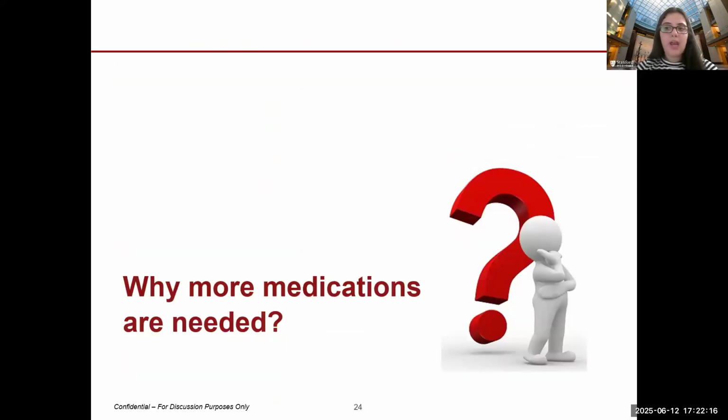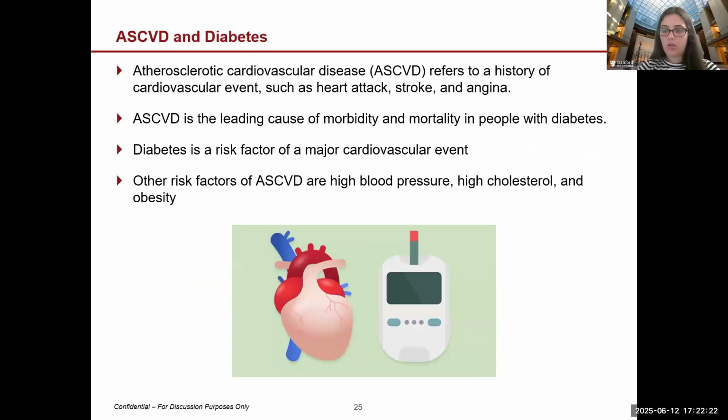So, you may ask why more medications are needed other than those that we choose to lower blood sugar. Diabetes is not just about blood sugar, it's also a major risk factor for heart disease. ASCVD, or atherosclerotic cardiovascular disease, refers to a history of cardiovascular event such as a heart attack, stroke, or angina.